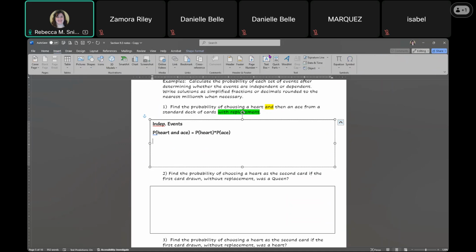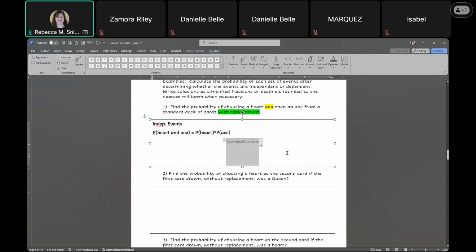So when I look at my probabilities here, the probability of getting a heart is going to be 13 out of my 52. I then have to multiply that by the probability of an ace. And probability of an ace says I have 4 out of that same 52. Because once I drew that heart card, I put it back and then drew the ace card.